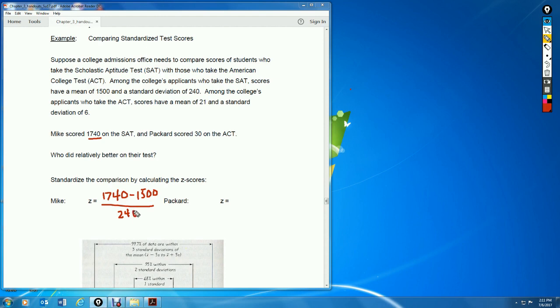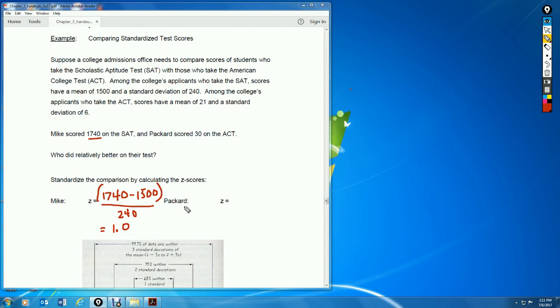And do go ahead and do that calculation on your calculator, make sure you're doing it correctly, because probably what you need to do is put parens around the numerator and then do the division, divide by 240. So you should get exactly 1.0. So that means that Mike scored exactly 1 standard deviation above the mean.